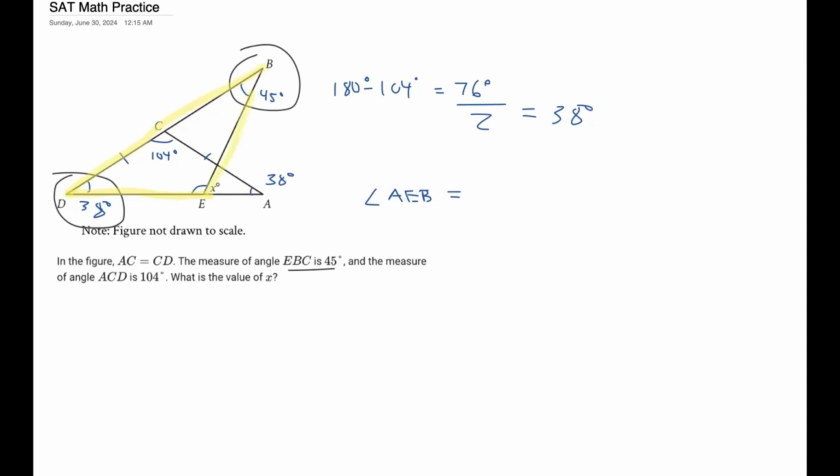So we know there is 180 degrees in a triangle. So if we found two of the angles, 45 degrees and also 38 degrees, then we can find the last value. And this last value, let's do some quick maths. I think that is 97 degrees. Okay, so angle E is 97 degrees.